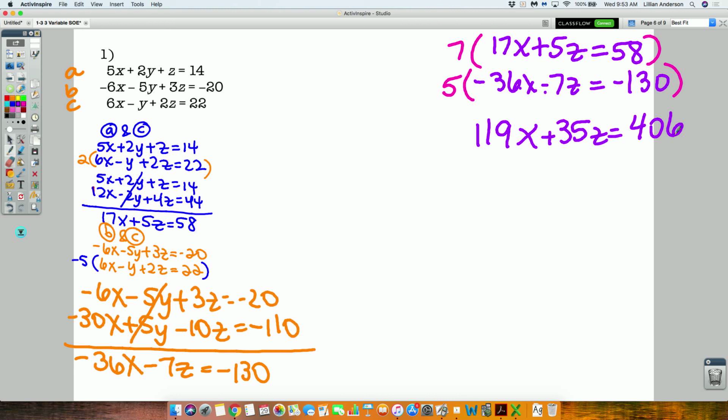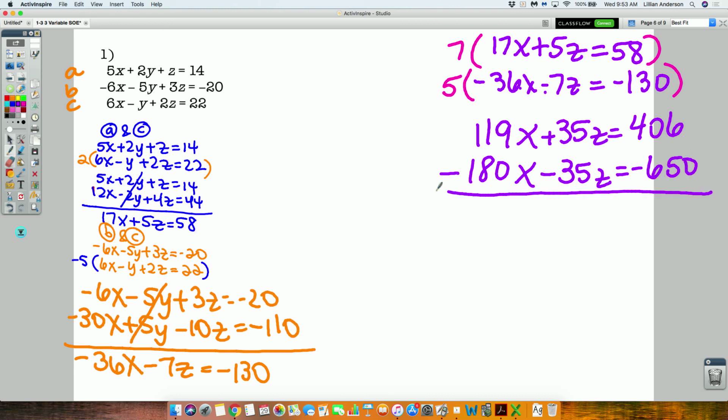So 5 times negative 36. 180. We know the next one is going to be a negative 35z. And now what's negative 130 times 5? Negative what? 650. Got some doozies, yes, got some doozies.